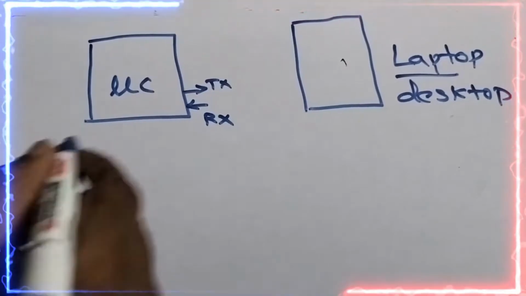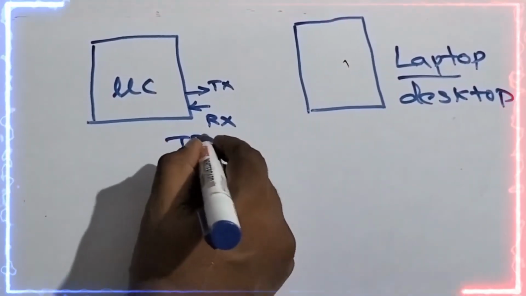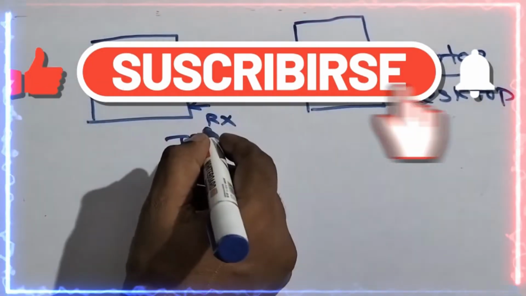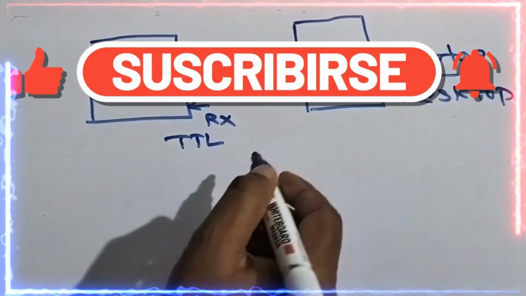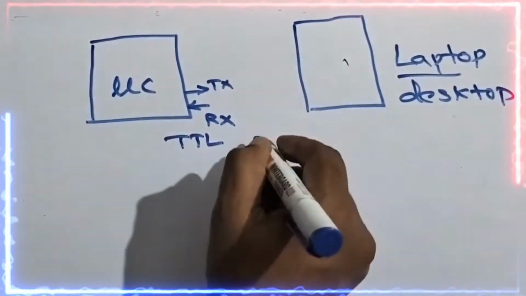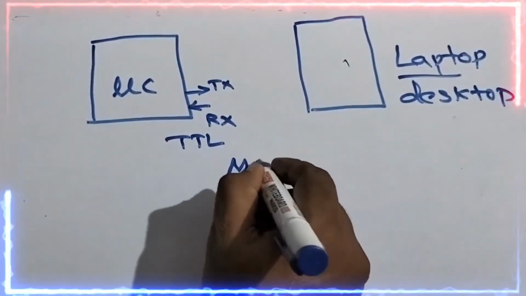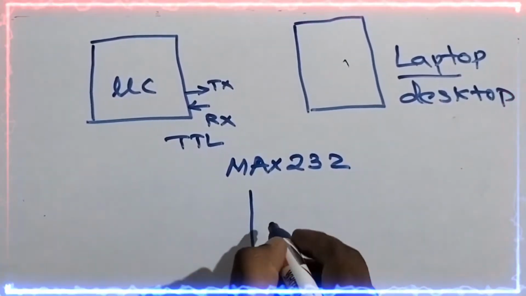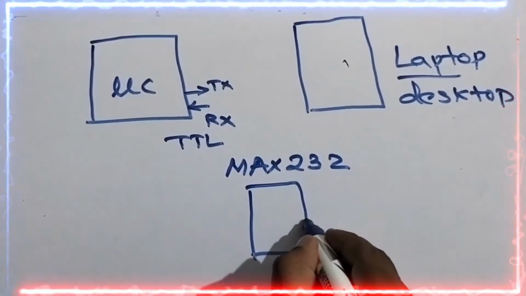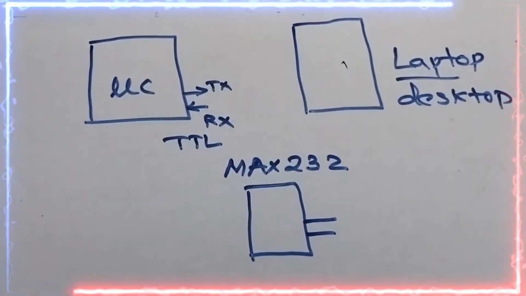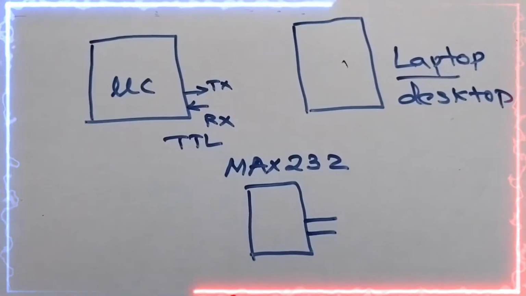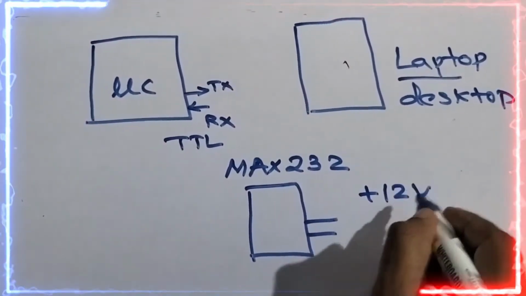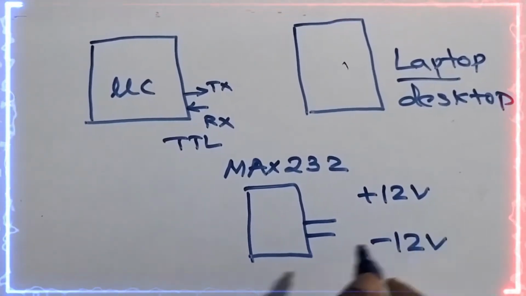These typically have TTL level logic. In order to transmit this data, we need a translator, that is nothing but a MAX232 IC, which takes these signals and converts them into the UART signals, friends. The UART signals typically contain 12 volts and minus 12 volts.